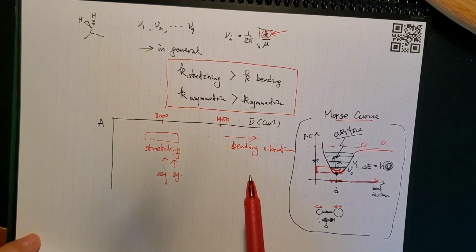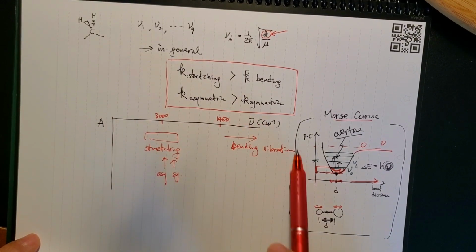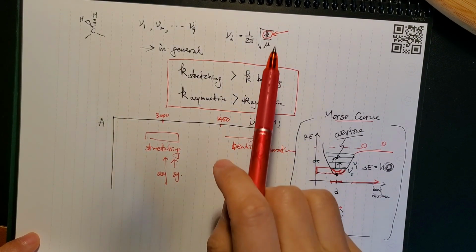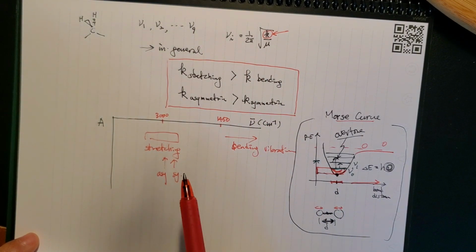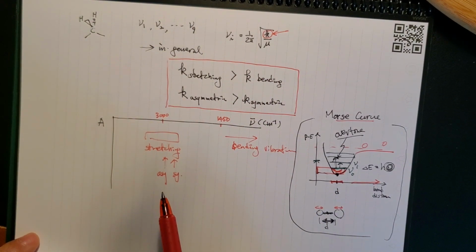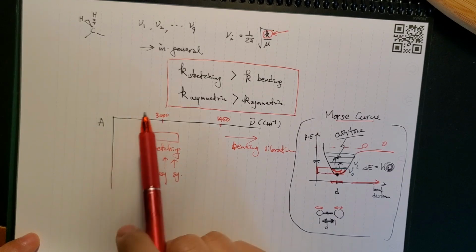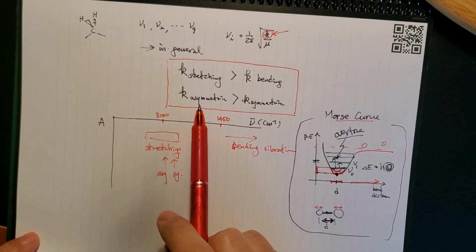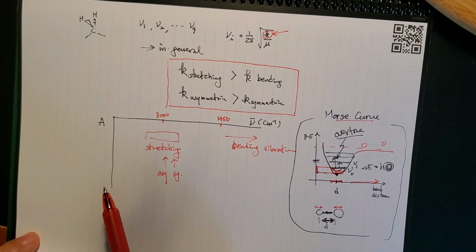In addition, generally speaking, bending vibration gets the smaller number due to the smaller force constant, since it's not changing the bond distance. The stretchings normally have a higher frequency. And among stretchings, asymmetric usually has a greater number than symmetric.